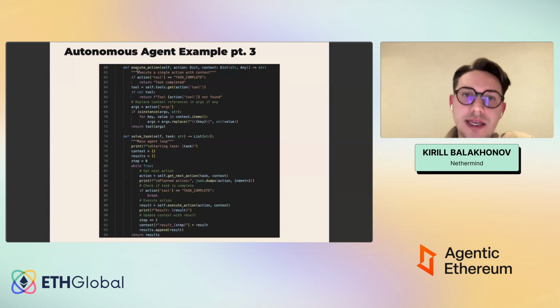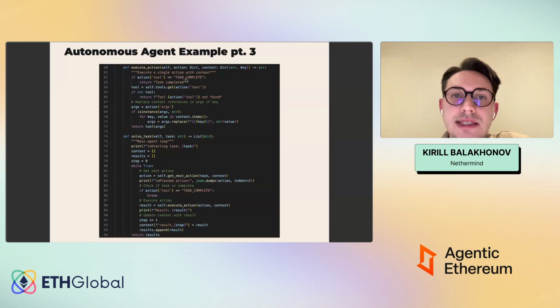And a separate function actually executes the action that it just chose. In execute action, we have the particular action that has been chosen and the context, the same thing. So we keep this context between function calls. If the action is task complete, we just stop and exit.